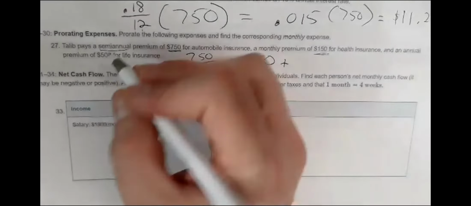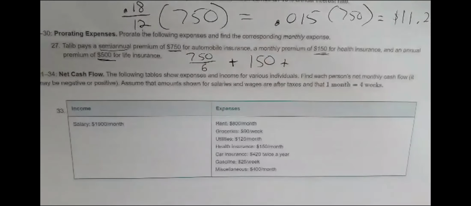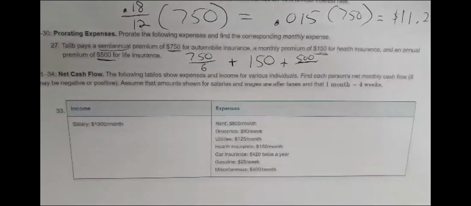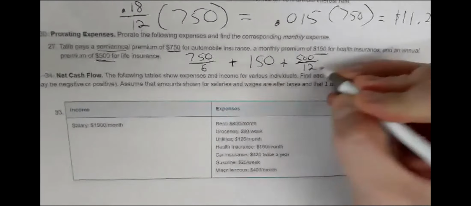The other thing is they say an annual premium of 500. So I'm taking 500, and what do I divide this thing by? I guess that's 12. That one's the 12, yep.